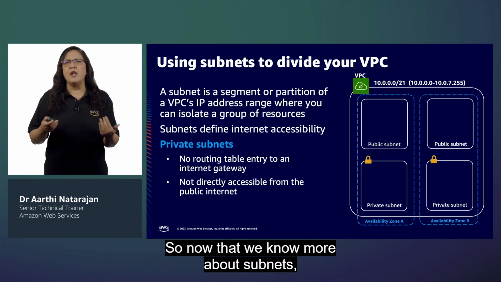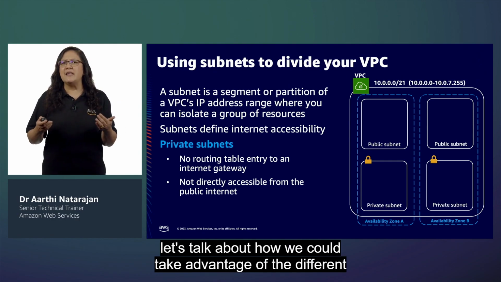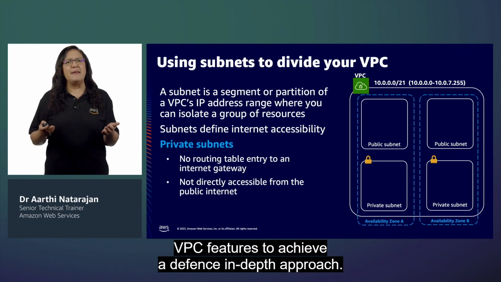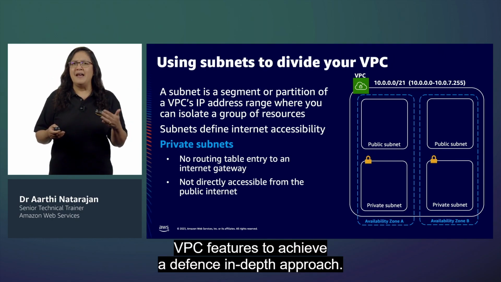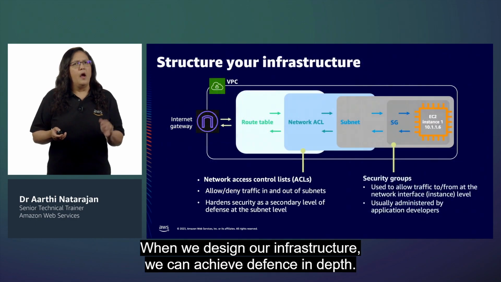So now that we know more about subnets, let's talk about how we can take advantage of the different VPC features to achieve a defense-in-depth approach. When we design our infrastructure, we can achieve defense in depth.